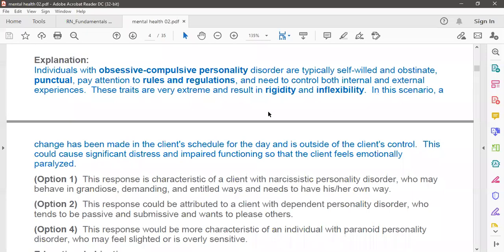So in this scenario, a change has been made in the client's schedule for the day and is outside of the client's control. This could cause significant distress or impair function so that the client feels emotionally paralyzed. They are disturbed, right?